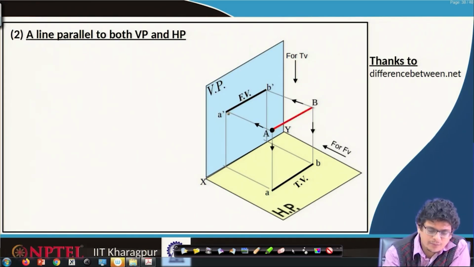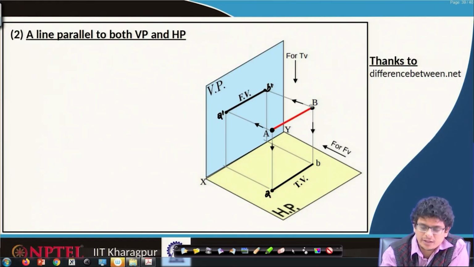A point is projected to A dash, B point is projected to B dash. Similarly, A is projected onto the horizontal plane as A, B point is projected onto the horizontal plane as B. So in the front view and in the top view, the complete AB is transferred onto the top view.